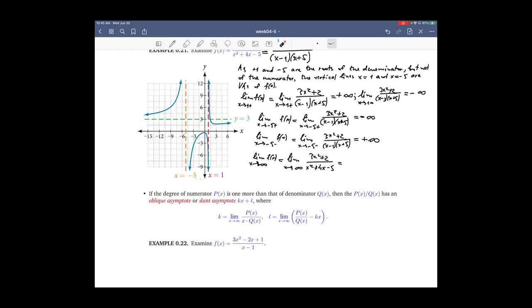And so, in this case, the limit of the ratio is simply the ratio of the leading coefficients, which are, of course, 3 and 1. Which immediately implies that y equals 3 is a horizontal asymptote. Which is exactly what we see in the picture.